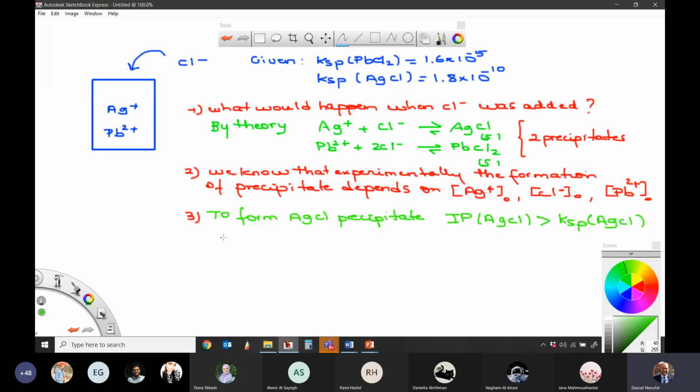That means Ag+ in the solution initial times Cl- initial in the solution should be greater than 1.8 times 10 minus 10.